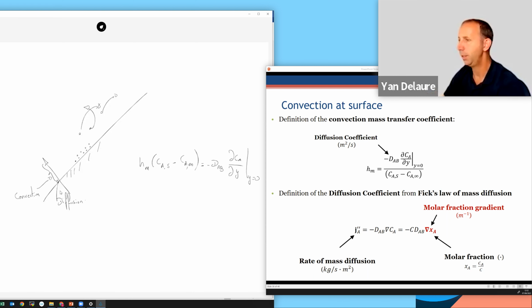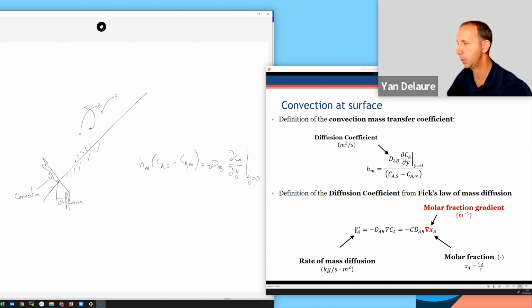Okay, so that equation on the right-hand side looks almost exactly like Fourier's law of heat transfer by diffusion. You remember we had a coefficient of diffusion heat transfer multiplied by a gradient in the direction perpendicular to the wall. Y here refers to the direction perpendicular to the wall, and we evaluate it at the wall, so right here. That's how we can say that it's diffusion. So we have the same here.